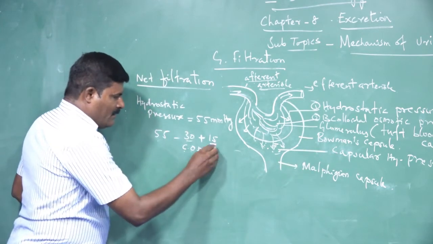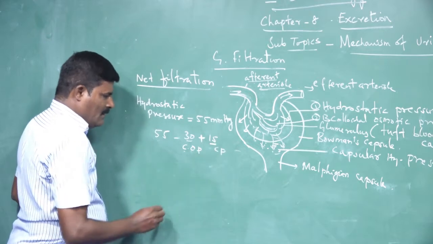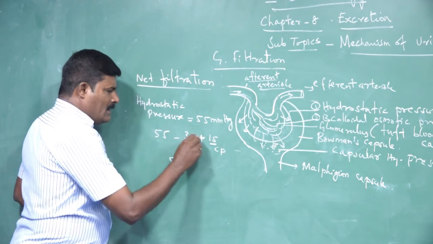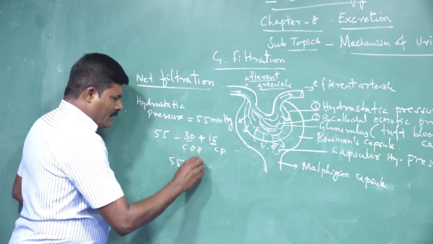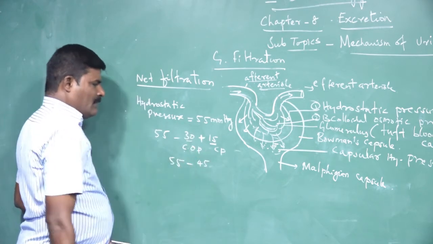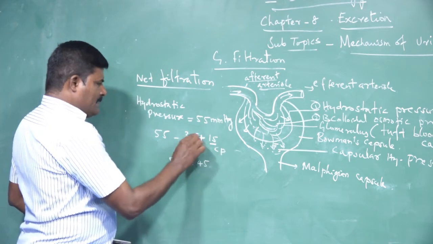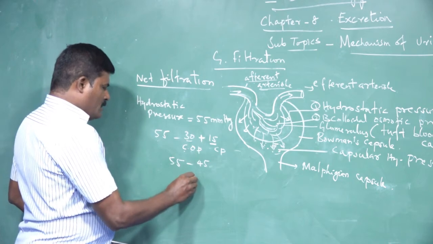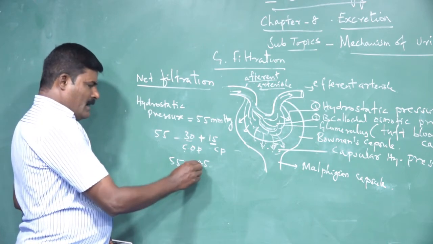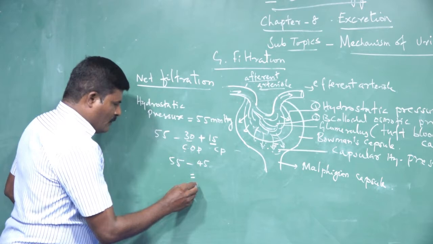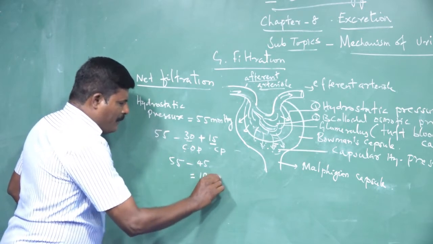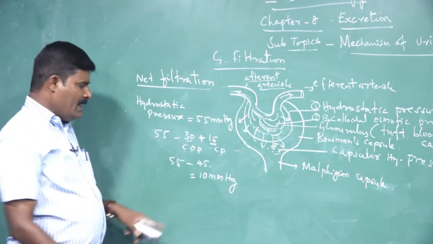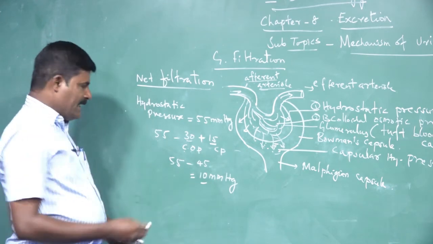What is the calculation here? 30 plus 15 is 45. What is the remaining amount? 55 minus 45 is equal to 10 mmHg. This 10 mmHg is called the net filtration rate.